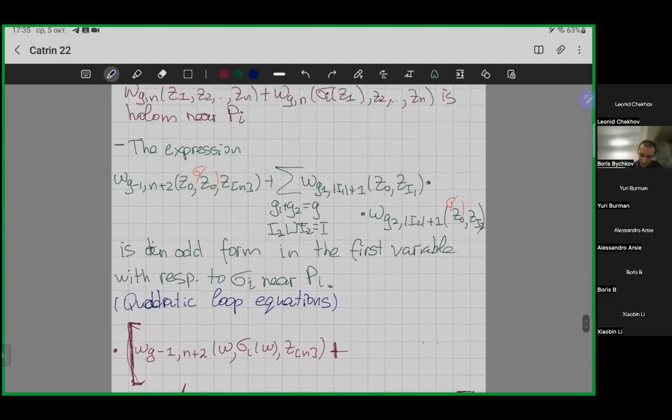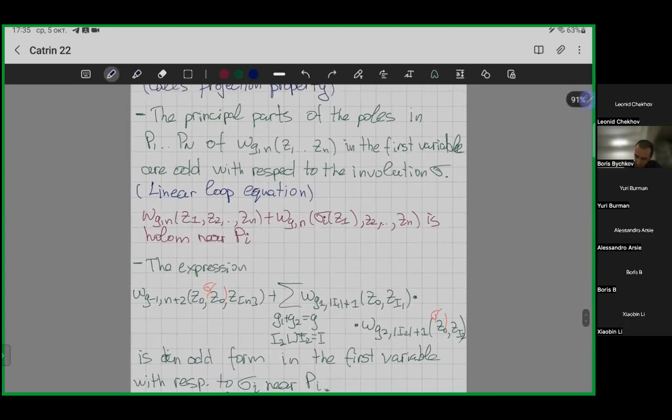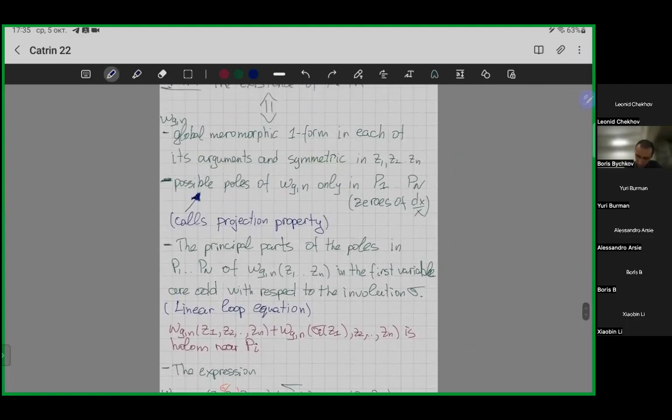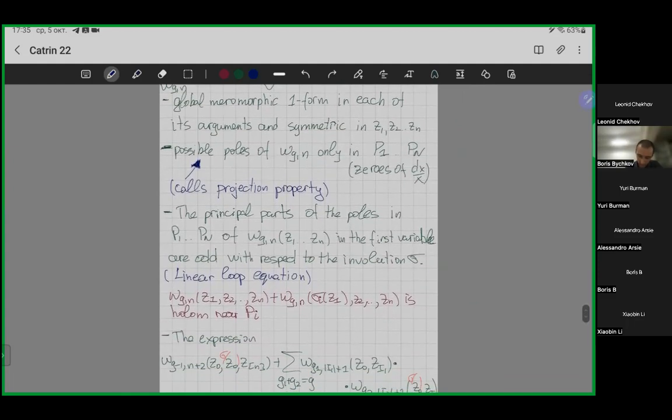So, this theorem. Let me zoom out a little for a moment.